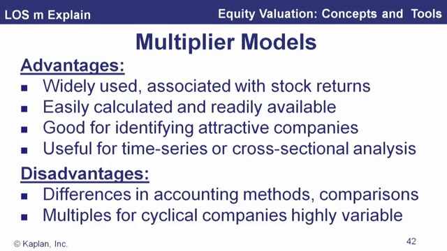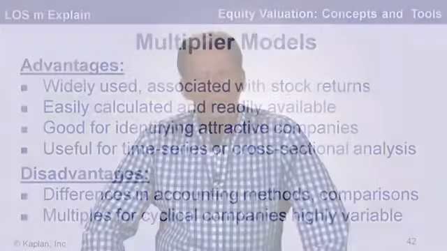Some of the disadvantages, well, if we have differences in accounting methods, the comparisons are problematic. So we have to adjust for differences in accounting methods and then look at our multiples. And multiples for cyclical companies can be highly variable. Think of automobile manufacturers, which are often highly cyclical companies.